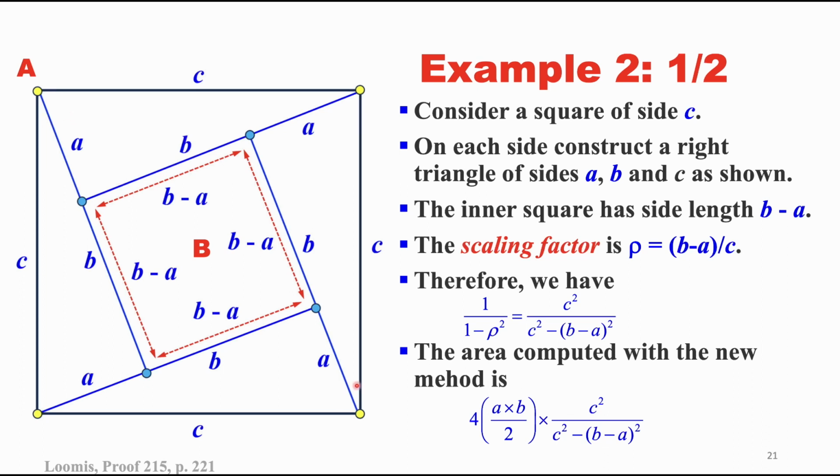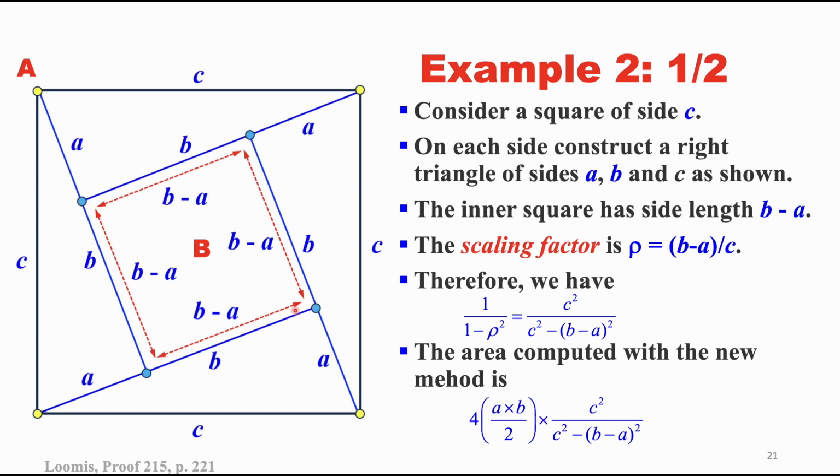This time, we use c, the hypotenuse length of the given right triangle, as the side length of the square. And the right triangle is flipped inside. A here, B here. So these 4 right triangles are congruent.